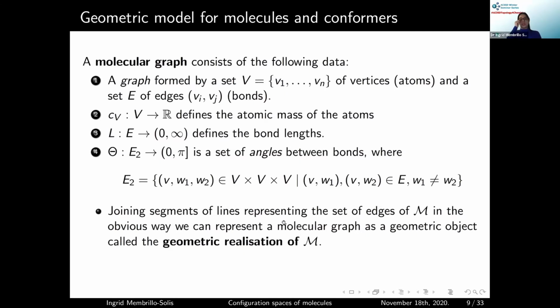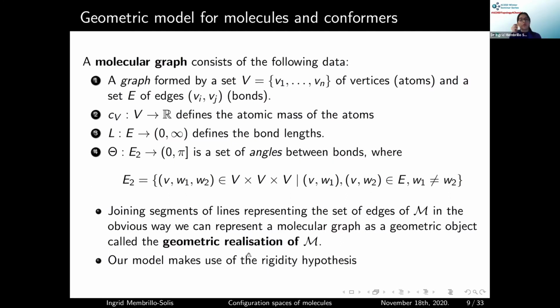Of course, for each element in the set of edges, we take a segment of line with length equal to the bond length associated to this edge, and we glue them in the way that our graph tells us. Then we obtain what we call a geometric realization of our molecular graph. This defines a molecule not just as a combinatorial object, but as a geometric object.